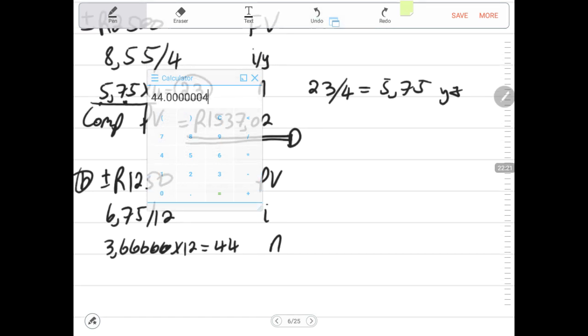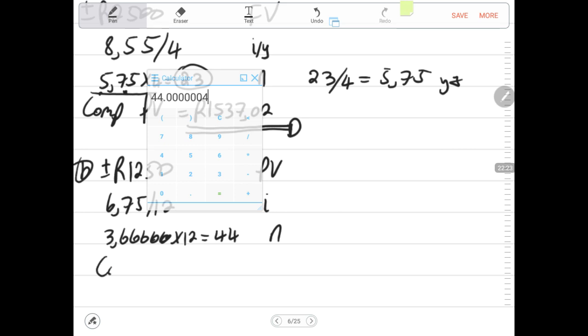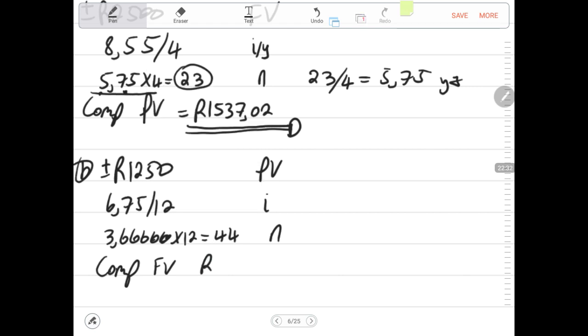Then after, what are we computing that is missing? We are looking for the future value. How much is the future value? Don't forget to say second function alpha 00 to clear the calculator. Plus minus 1,250 is the present value. 6.75 divided by 12 is our interest.